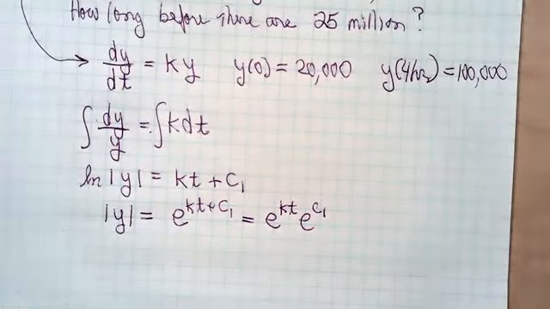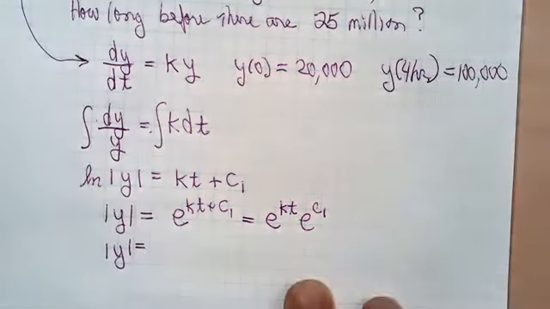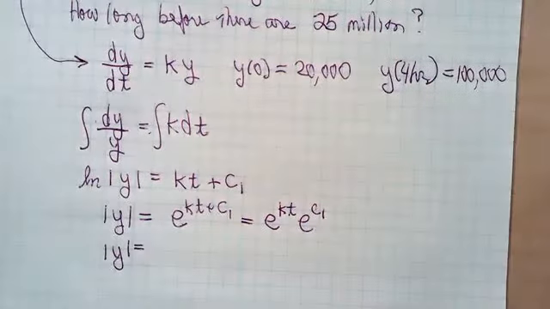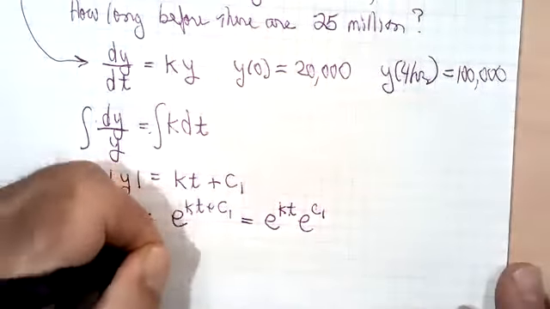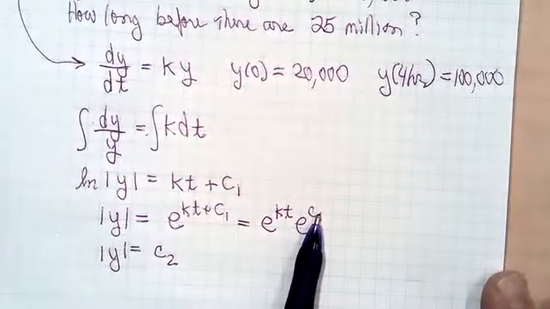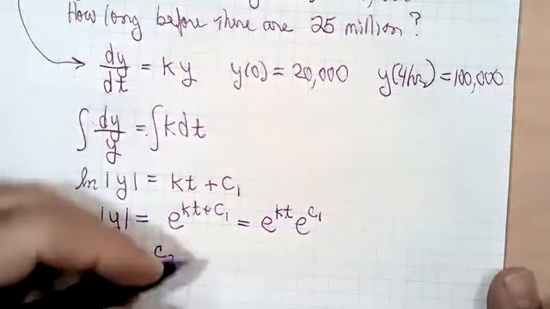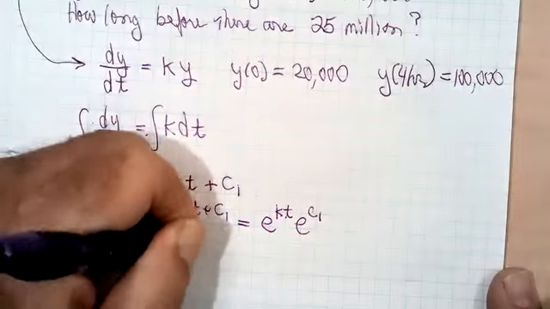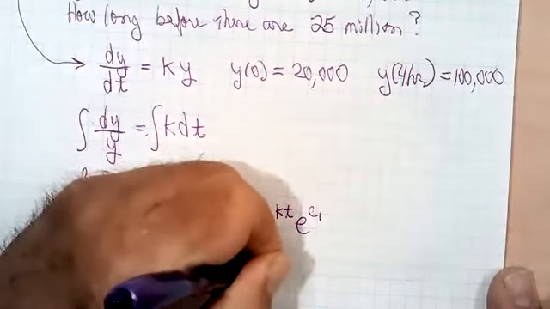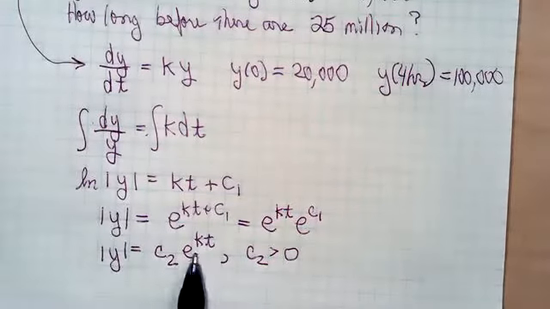And now this tells me absolute value of y is equal to, okay, now if I take e and raise it to a constant, well, I'll get a constant. However, there is some restriction here. If you take e to the anything, you definitely get a positive number, right? You don't get a negative. So C2 e to the kt, where C2 is strictly positive. It can't be equal to 0 even. You cannot get a 0 out of this.